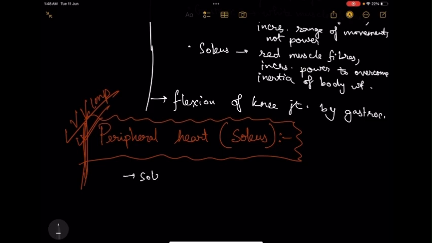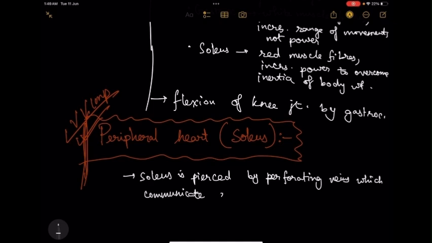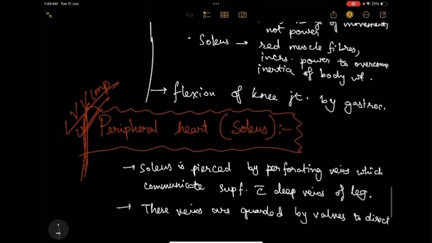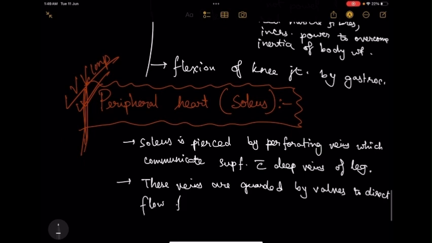But then let's switch to the normal color. Soleus is pierced by perforating veins which communicate superficial with deep veins of the leg. These veins are guarded by valves to direct flow from superficial to deep.